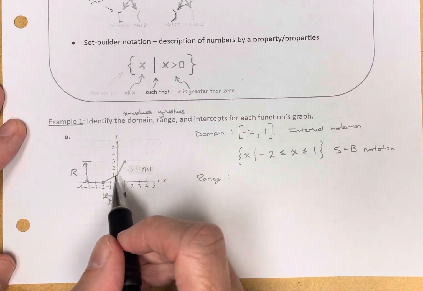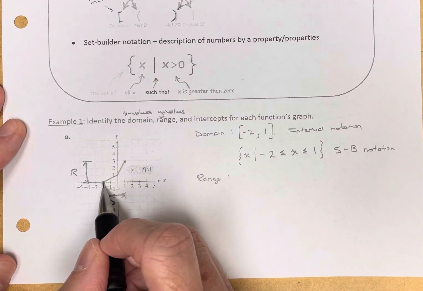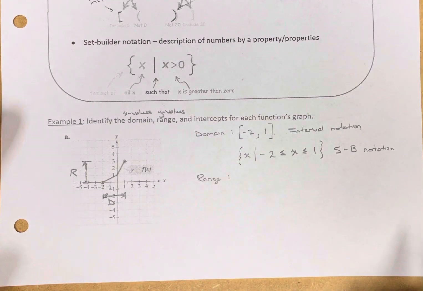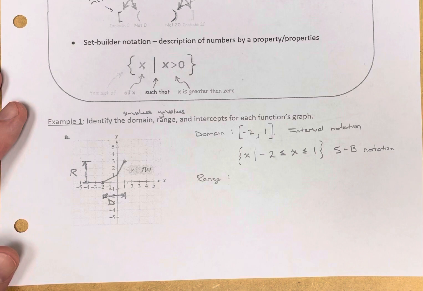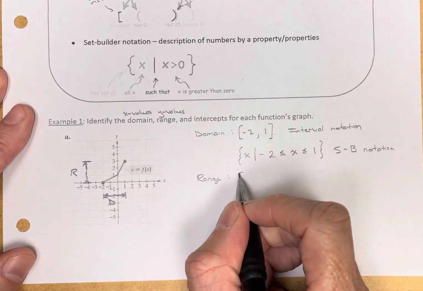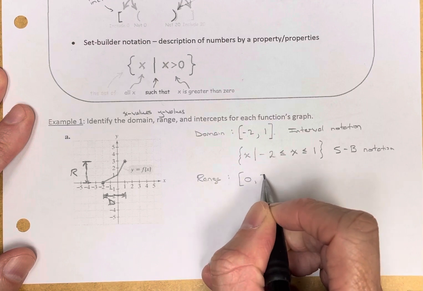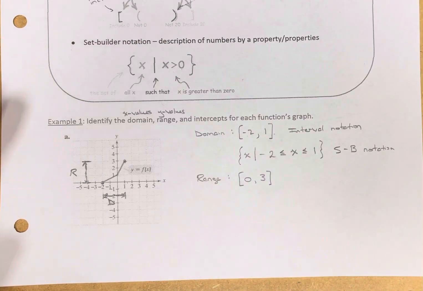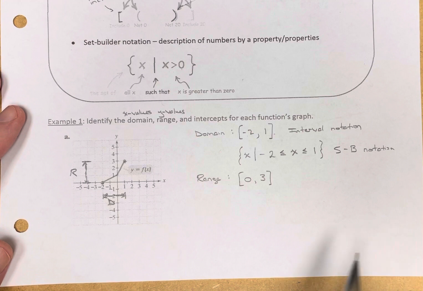In this graph, the values go from 0 on the y-axis up to positive 3 on the y-axis, inclusive, because I have closed circles. So from 0 to positive 3 is the range of this graph.